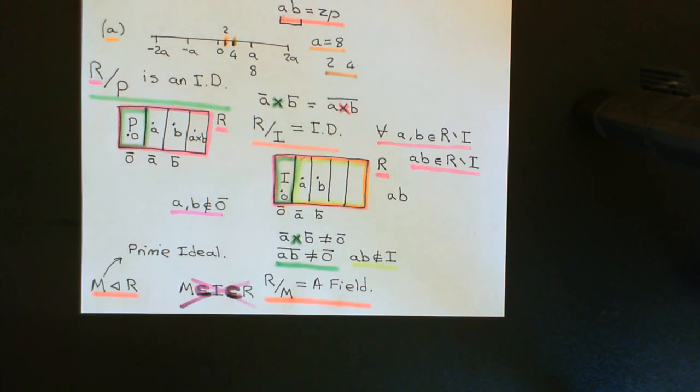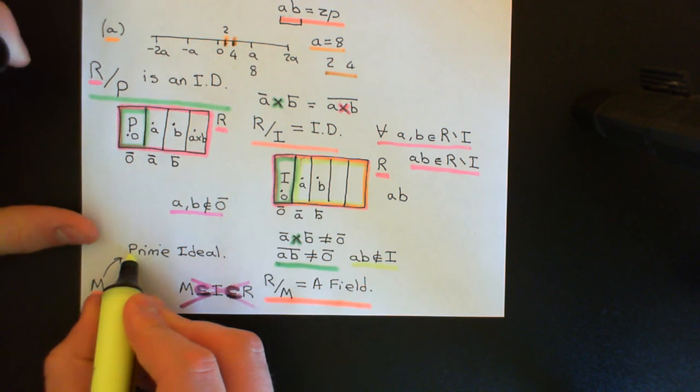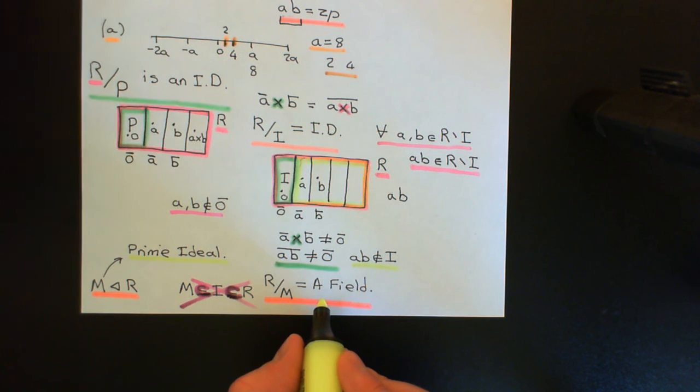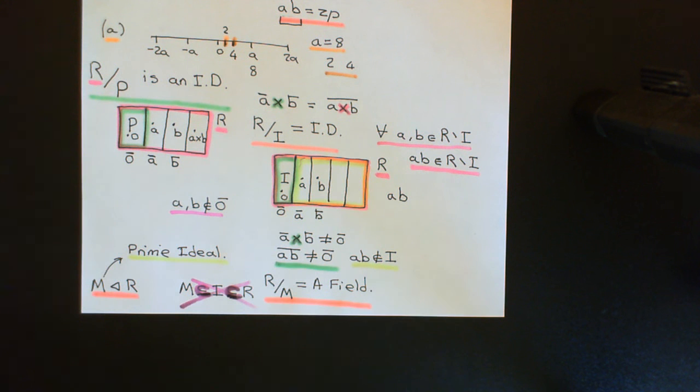Now, why is that the case? Well, because all fields are integral domains. An integral domain, remember, is a commutative ring that is not the zero ring, in which if you multiply together two non-additive identity elements, you get a non-additive identity element.